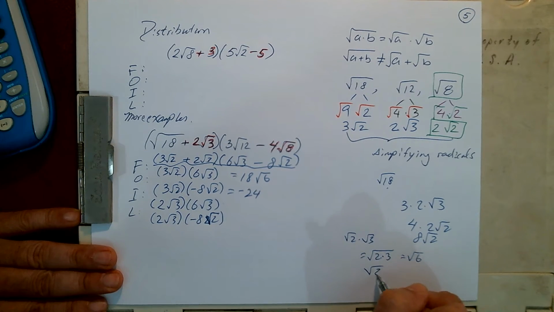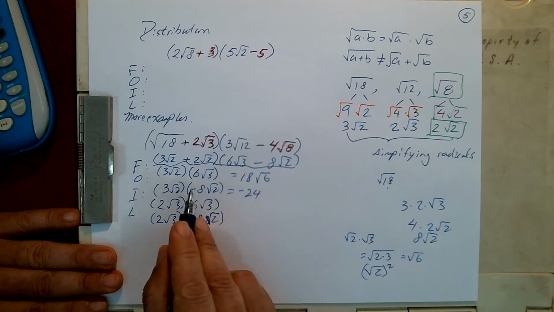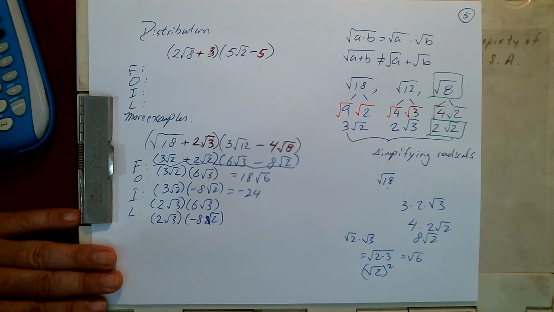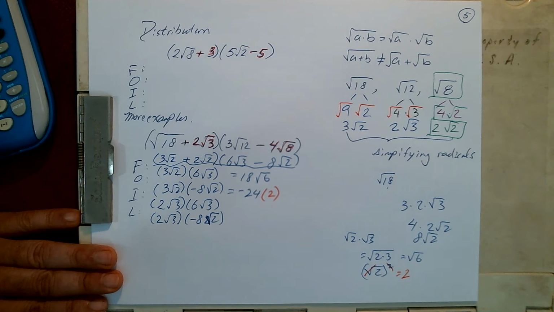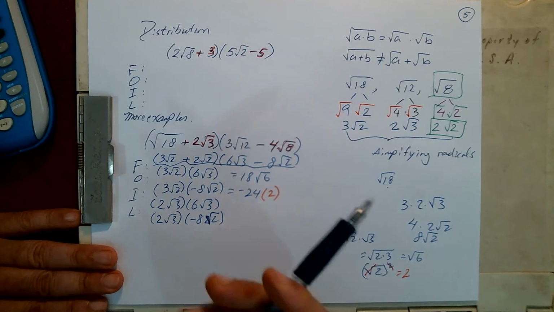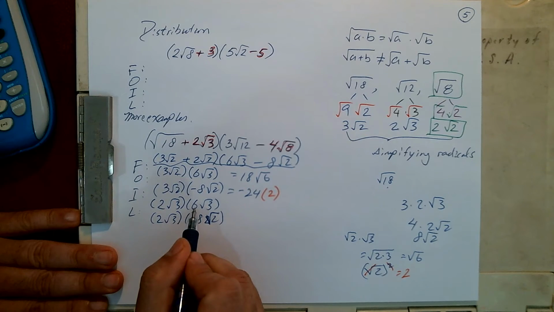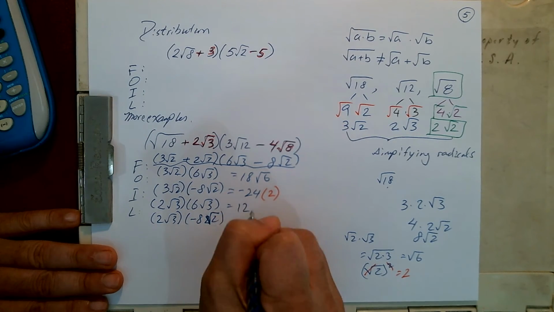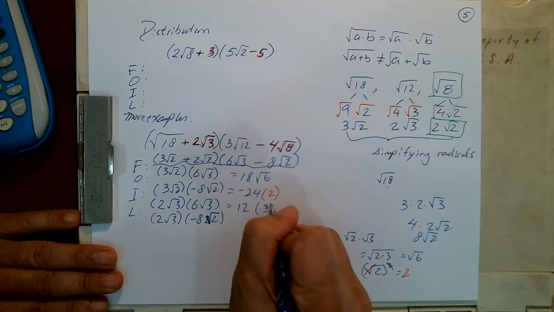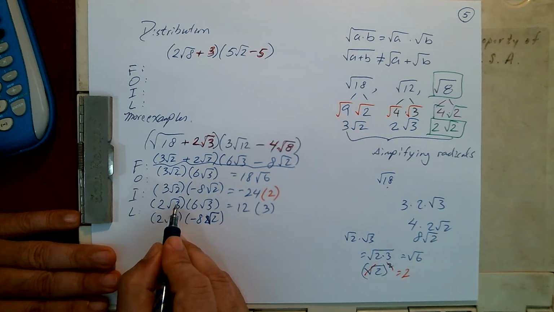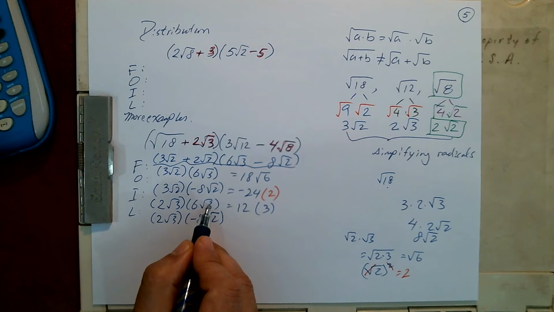And what's root 2 squared? Because root 2 times root 2 is root 2 squared. That cancels. Remember, these are inverse operations. You end up with just 2. And 2 root 2 times 6 is 12. Root 3 times root 3 is just 3, right? Remember, the inverse operation, root 3 squared is just 3.